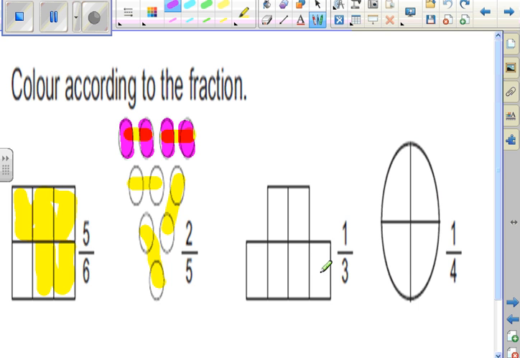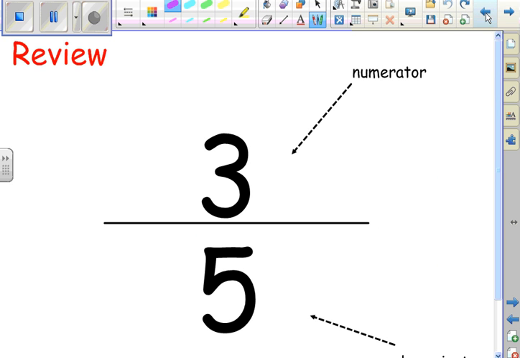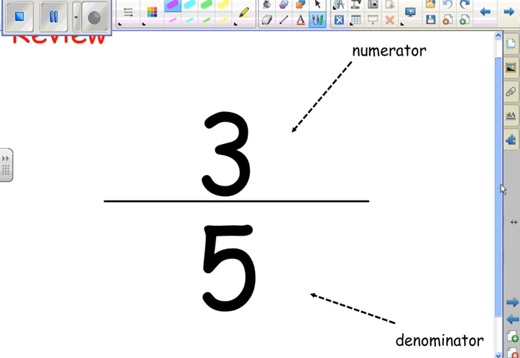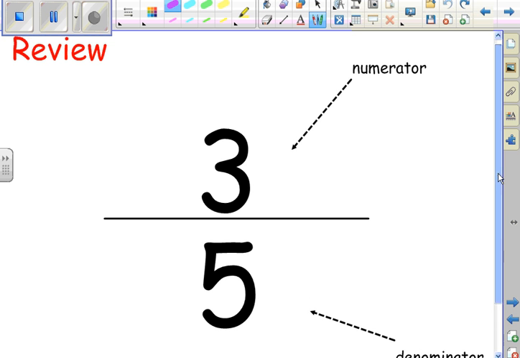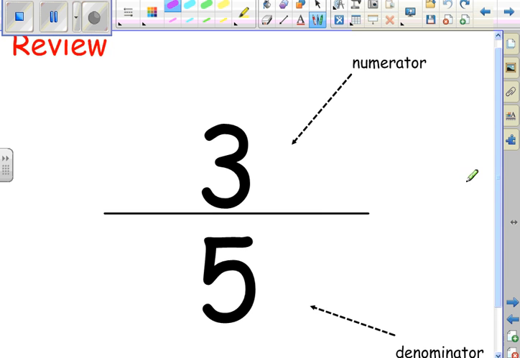After downloading the presentation, please answer these 2 points. Now, we took in grade 3 how to write a fraction and how to read a fraction. So, if you please read this fraction. Yes, 3 over 5 or 3/5.